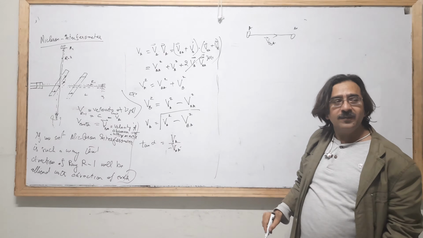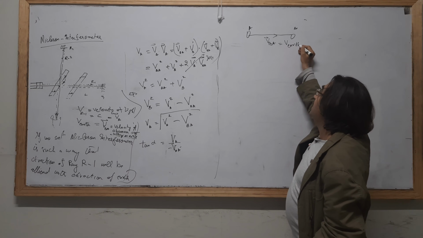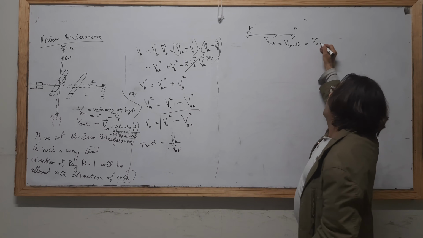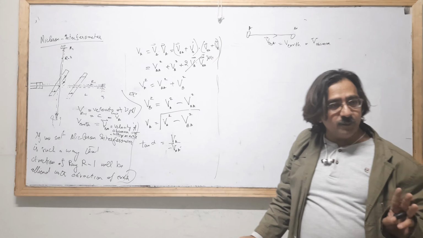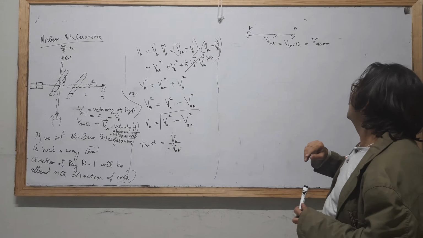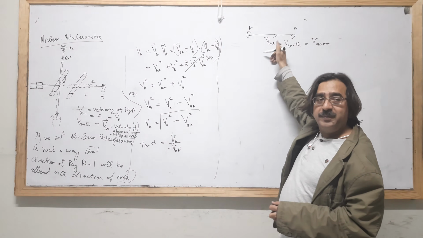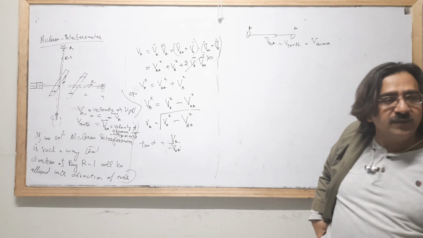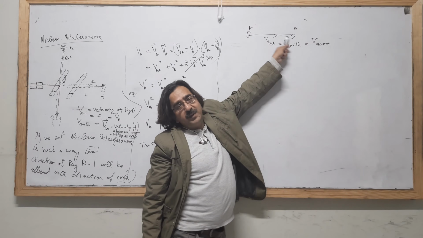So this is the velocity of Earth, and that is the velocity of the observer. If the arrow is toward B, then that will be BA. That will be defined as VBA, the position vector of B with respect to A.